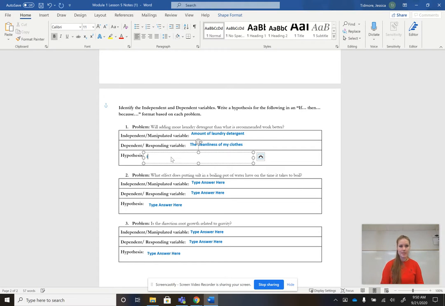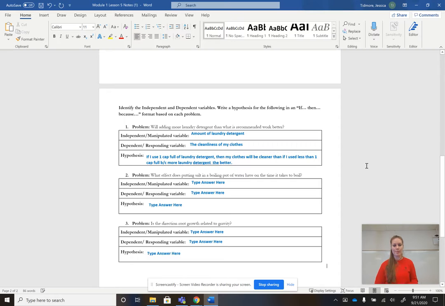So my hypothesis, if I use 1 capful of laundry detergent, then my clothes will be cleaner than if I used less than 1 capful because the more laundry detergent, the better.